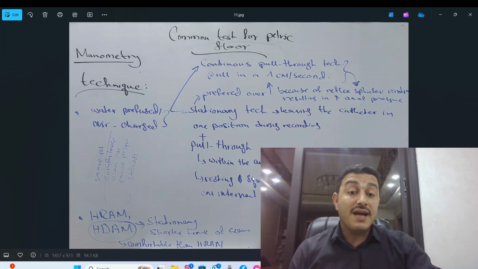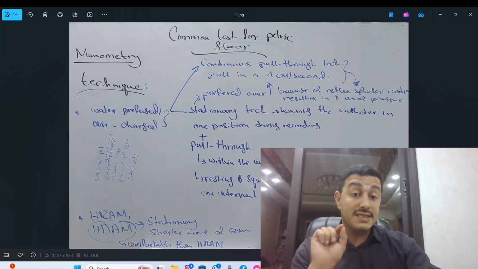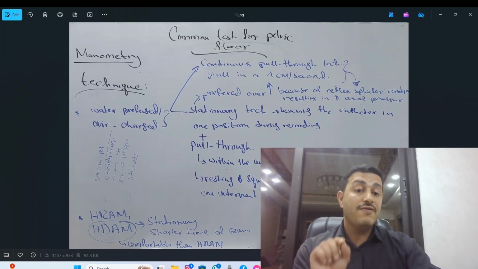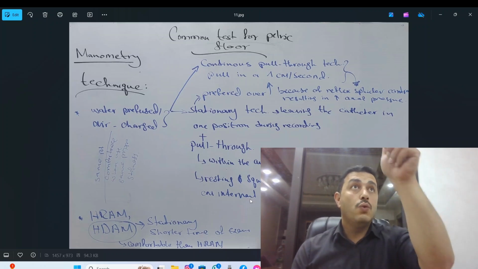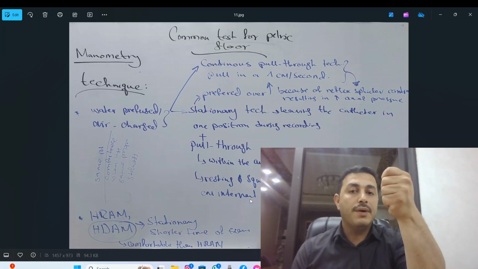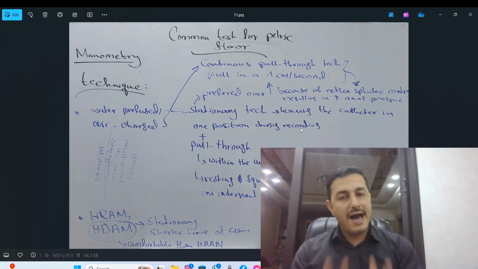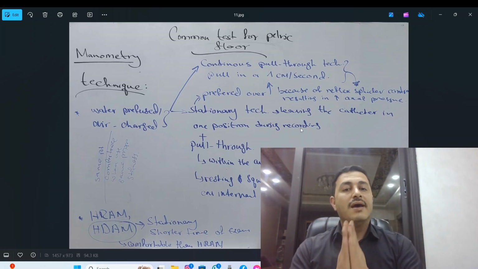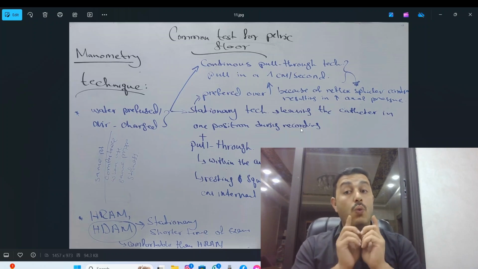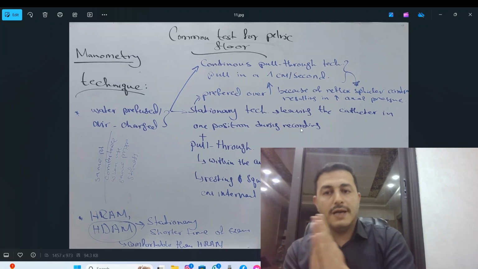Rest and squeeze pressures are detected at 6, 5, 4, 3, 2, 1 centimeter intervals. We pull 1 centimeter and we stop, not one time, we pull and stop. This means stationary technique. The stationary technique is preferable when we talk about the conventional probes.